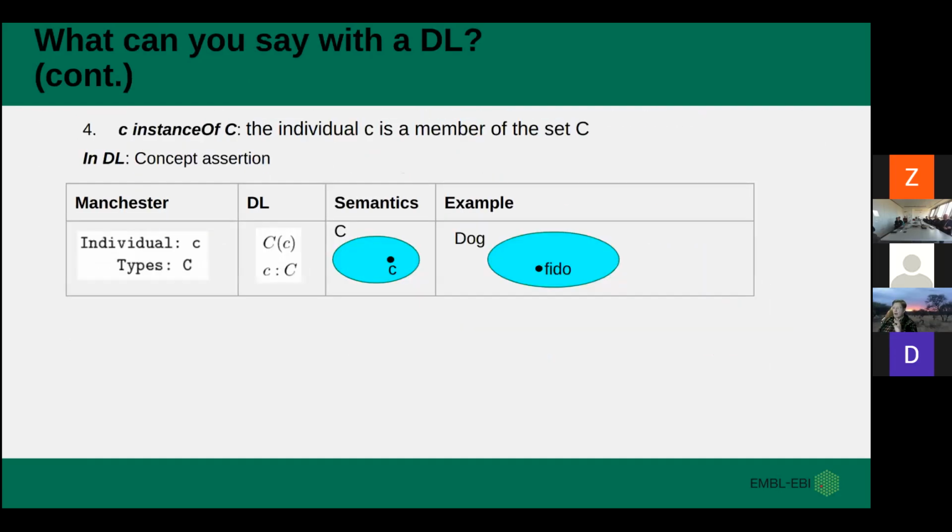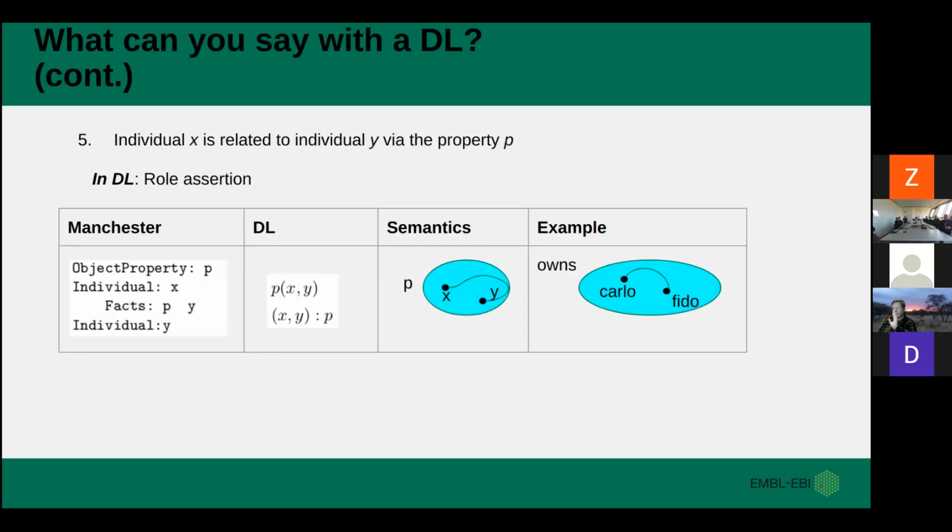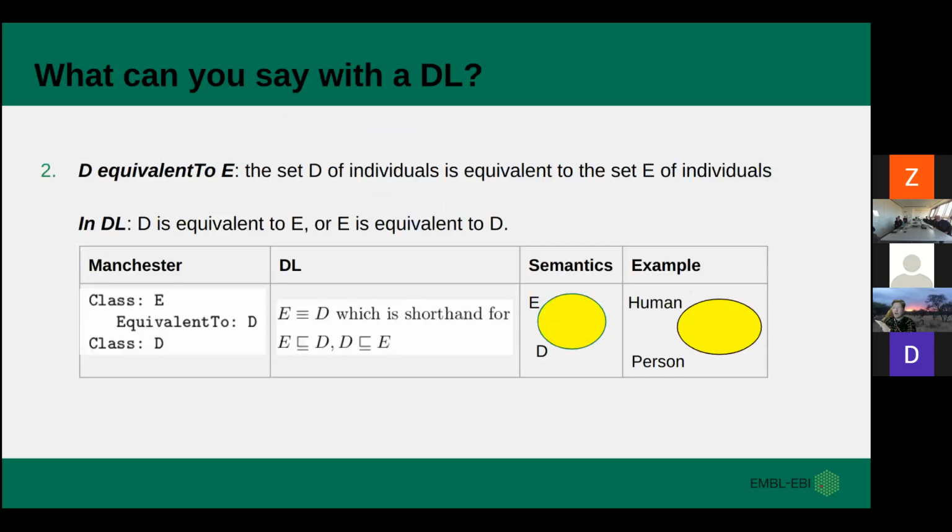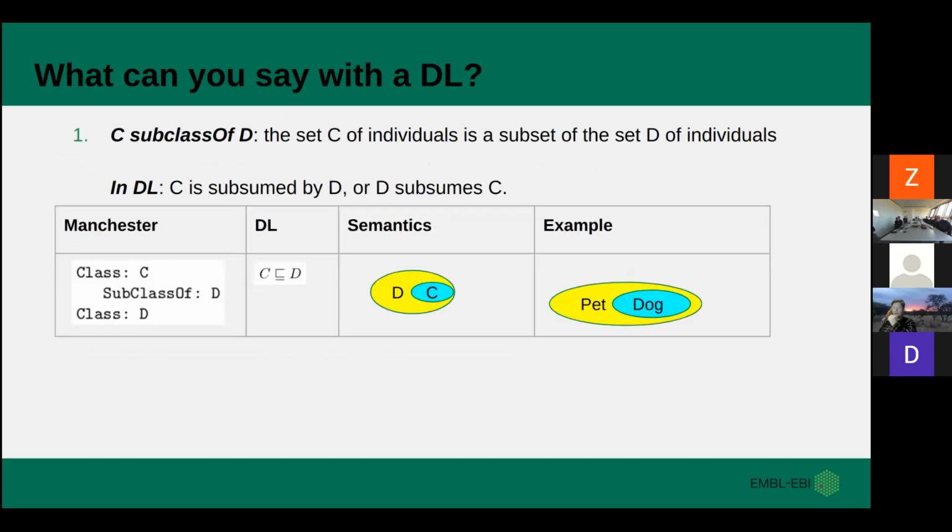But okay. What I've done at this stage, and I just want to step back for two minutes, is go through everything that you can say in a description logic. At this stage, there's nothing more you can say. So where's the complexity coming in? The complexity comes from the fact that when you say that C is a subclass of D, what can be placed in the place of C and D can be quite complex.